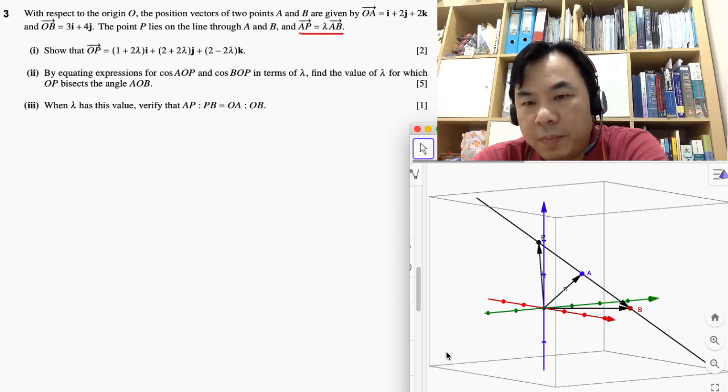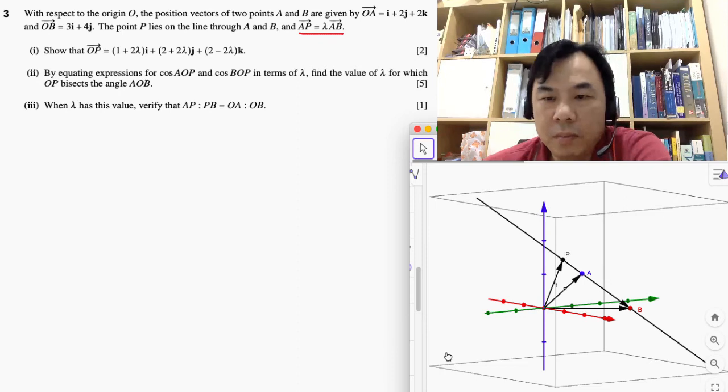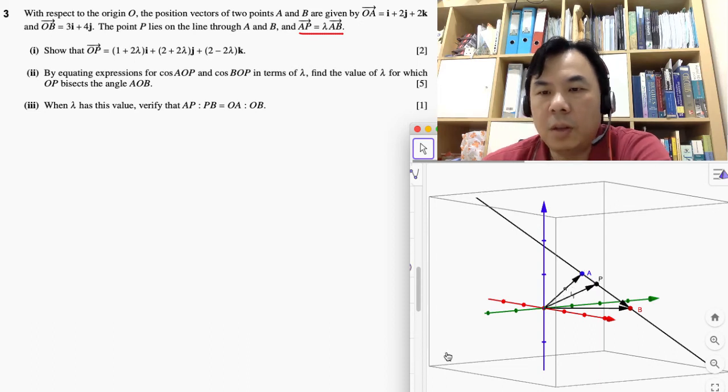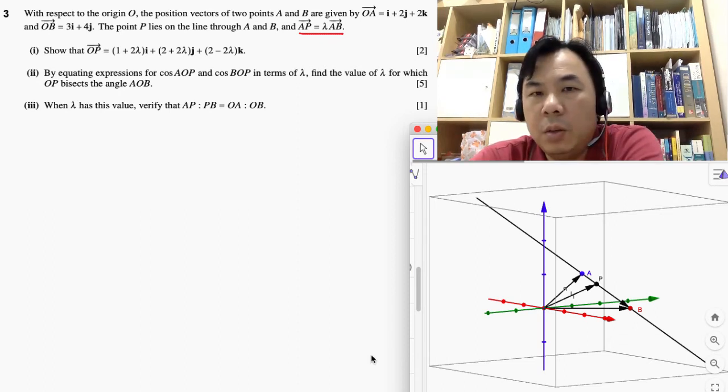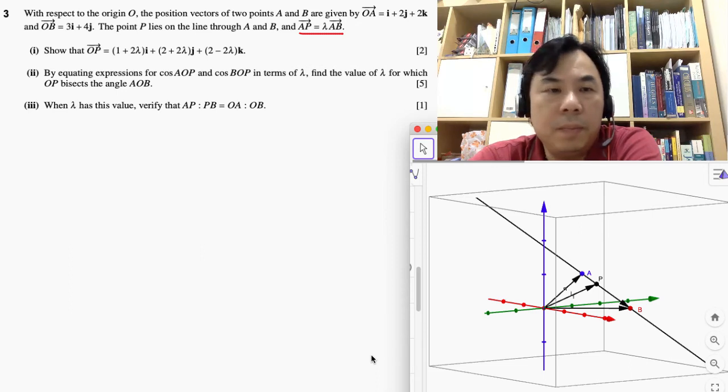All right. Okay, so that is what is meant by AP equal to lambda AB there. So I hope you get a visual understanding of what it represents, right?